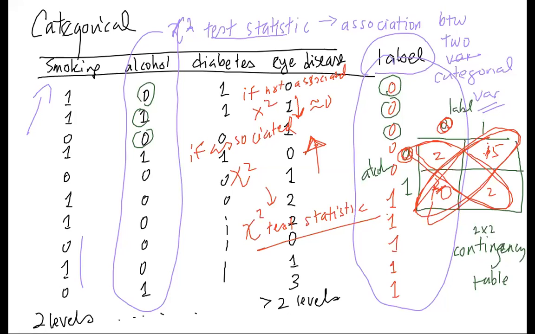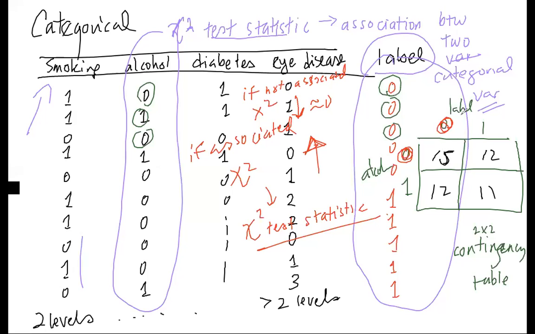If both things are not associated, the values will be random and distributed around all the cells. Maybe this will be 15, this 12, this 12, this 11. A pattern like this, with slightly more 15 here, is just by chance.